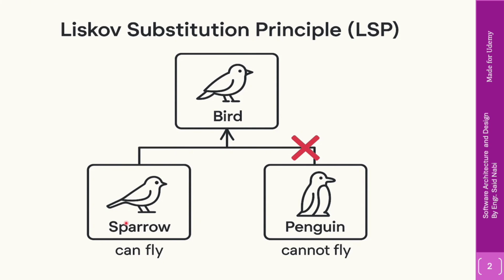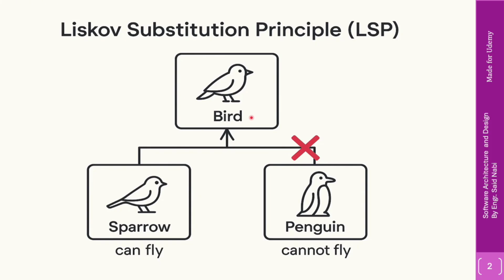The sparrow has all the properties: sparrow can eat, sparrow can sound, sparrow can fly. But if we make a subtype penguin, penguin can eat, penguin can sound, but penguin cannot fly, which is a property of its parent. So this is what we call the violation of the Liskov substitution principle.